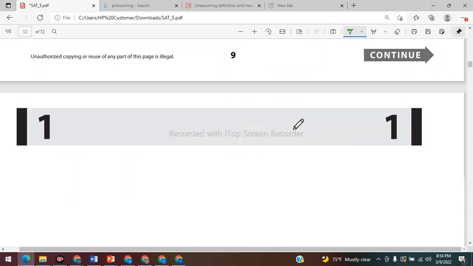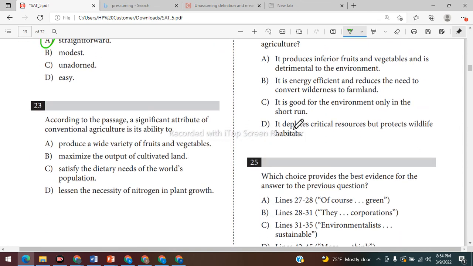So let's go back here. So you have maximum output of the cultivated land. You get more for what you bargained for. That was disappointing. It never talks about producing a wide variety of fruits and vegetables. The only indication we get of that would be the study and the different fruits they use.